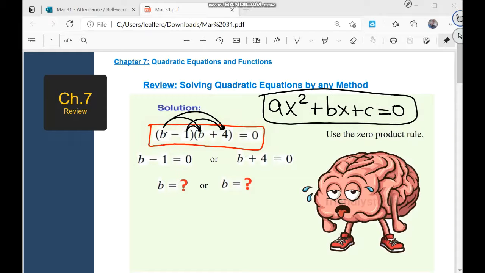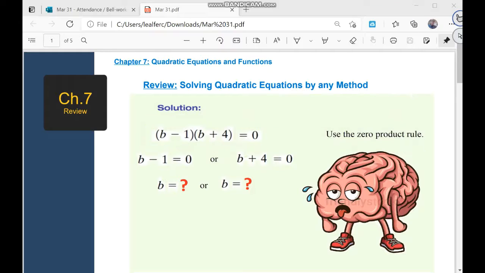After that, you can apply the square root property or the quadratic formula, x equals negative b plus or minus the square root of b squared minus 4ac, over 2a, and do all the calculations and find the solutions. Or you can identify the best method, and if you select, for example, the zero product rule, you're going to find the answer real quick.